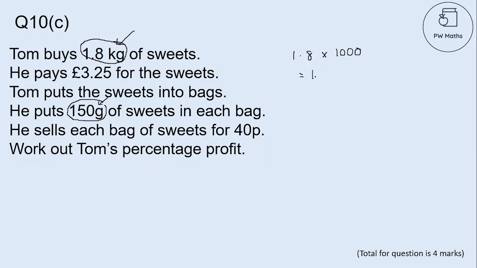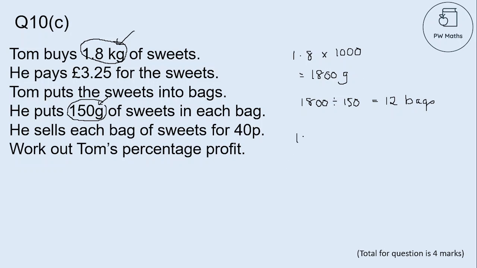He originally buys 1,800 grams of sweets. He then equally splits up that 1,800 grams of sweets into 150 gram bags. So we're going to divide that by 150, and what that's going to tell me is that he's been able to make up 12 smaller bags of sweets from the original sweets he bought.